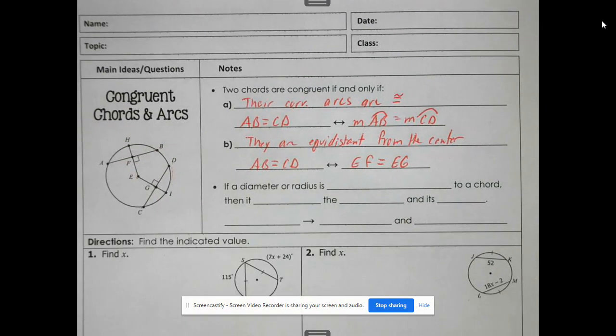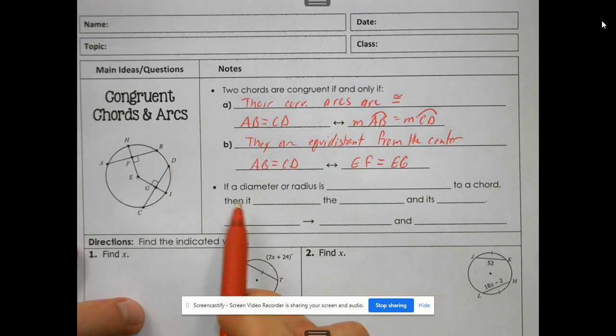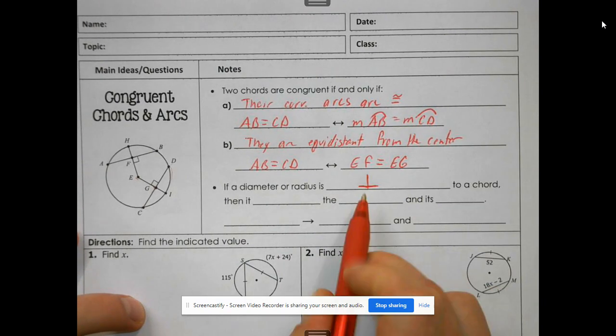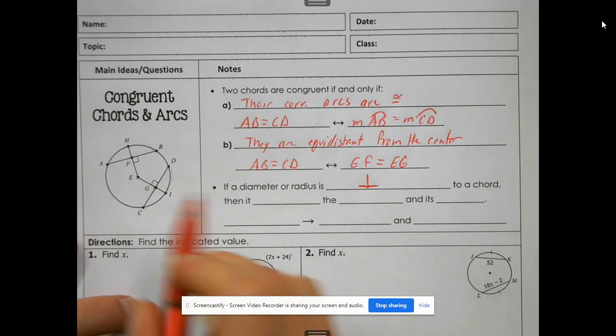So a lot of things match up to be congruent in this congruent chords and arcs piece. Last one, if a diameter or radius is perpendicular, it's just the symbol for perpendicular, to a chord, so right here, check us out.